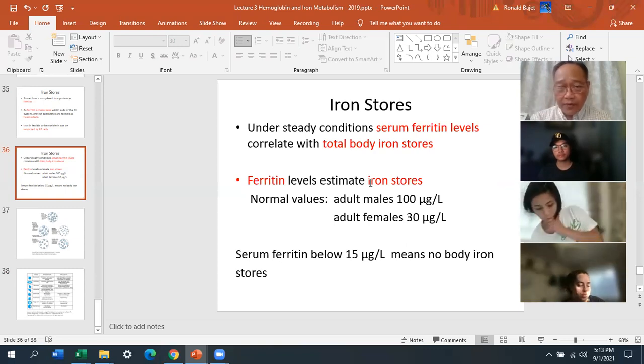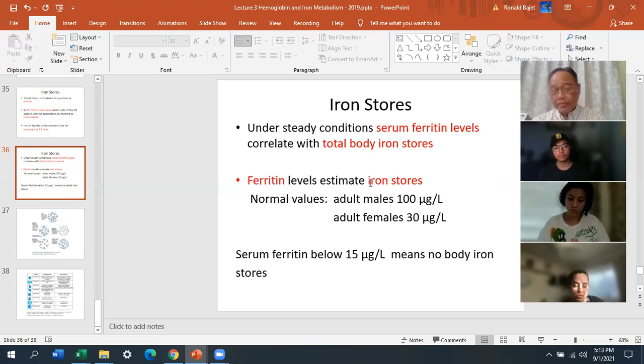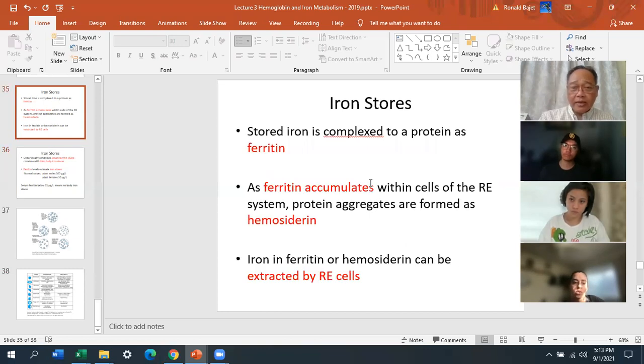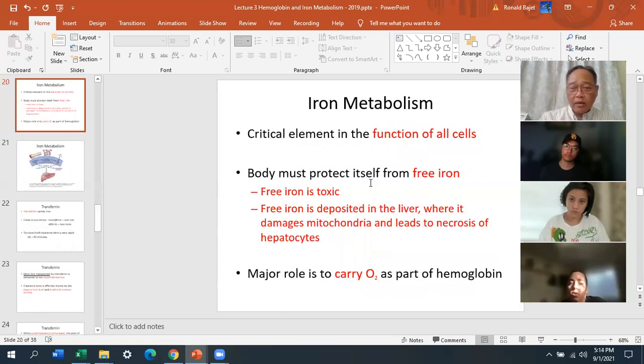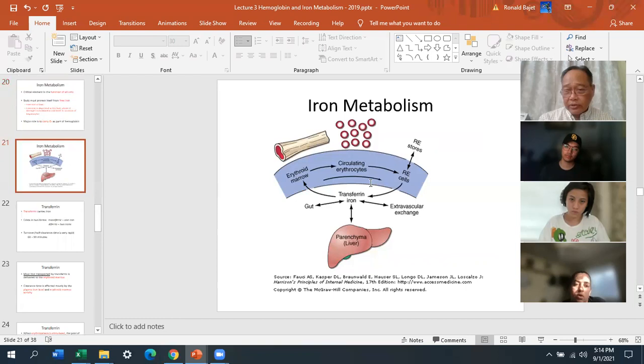So iron is stored in ferritin, in the reticuloendothelial cells. That's a good question. You're going to have to stare at this for a while, and then it'll become clear. Ferritin is here.